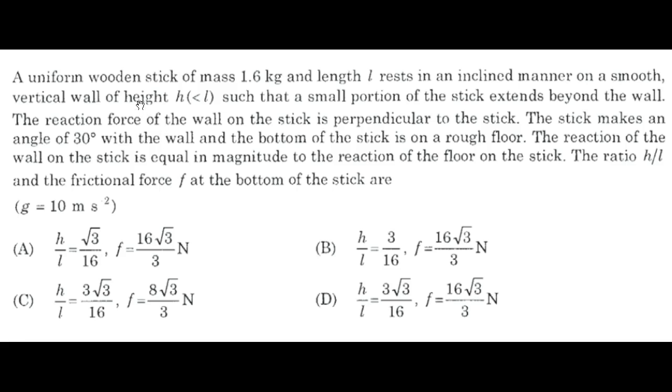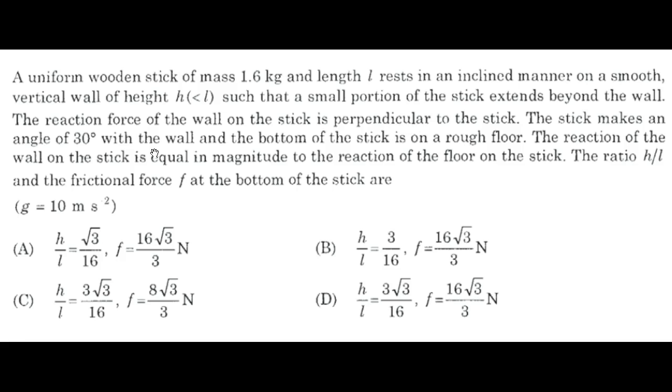It is written, a uniform wooden stick of mass 1.6 kg and length L rests in an inclined manner on a smooth vertical wall of height h. Now it is given that h is less than L, such that a small portion of the stick extends beyond the wall. The reaction force of the wall on the stick is perpendicular to the stick.